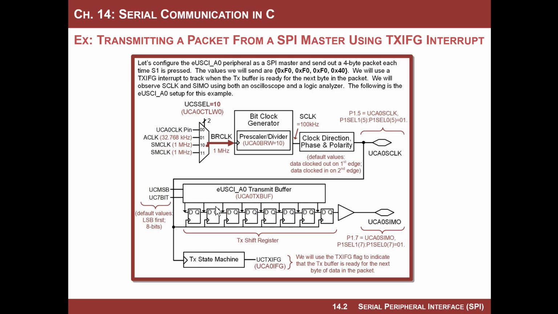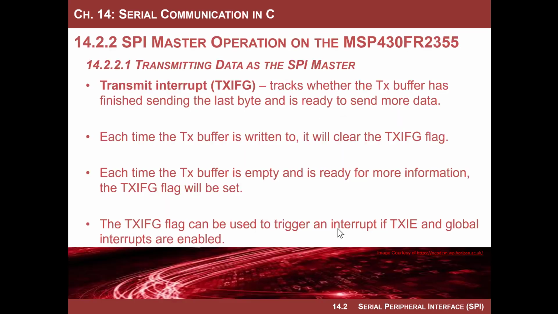But we need a way to know when we can put the next one in. So we're going to use the transmit complete flag, which is UCTXIFG. What this flag does is it watches the transmit buffer, and when it's finished sending the last byte out, so it's shifted everything out and is ready for more data, TX will assert.